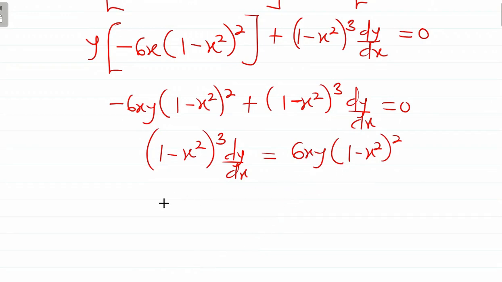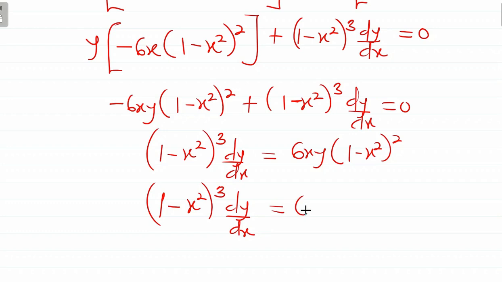Now we have to make sure that the 6xy has no coefficient, just like the question said. So in this case, we continue by dividing both sides of the equation by the coefficient of 6xy.